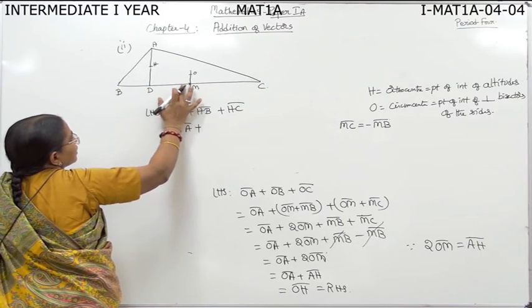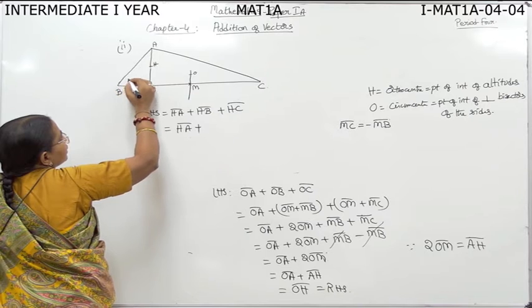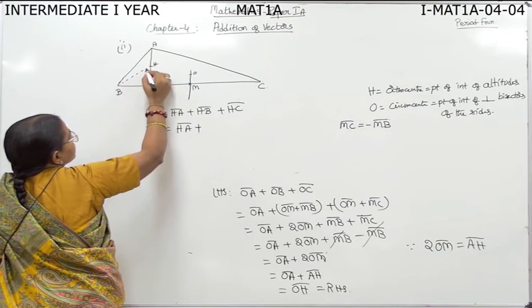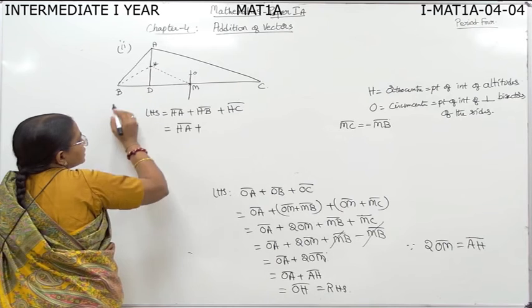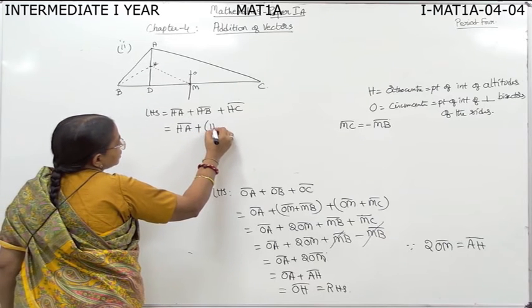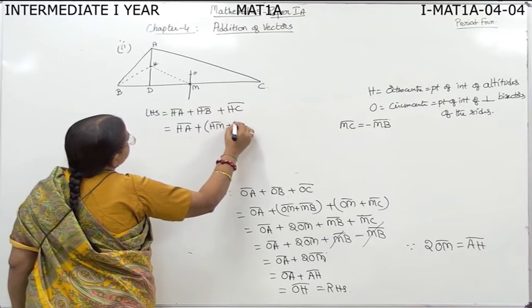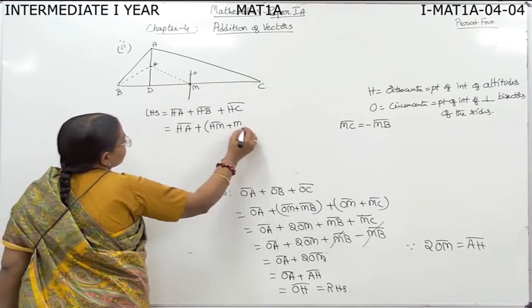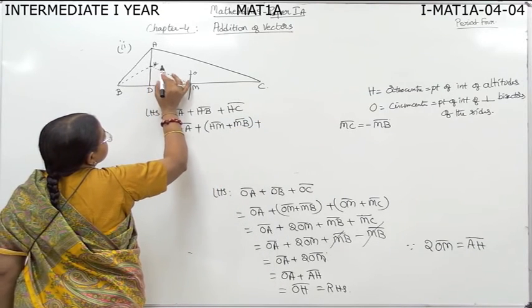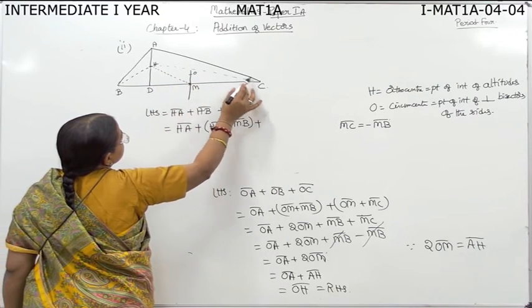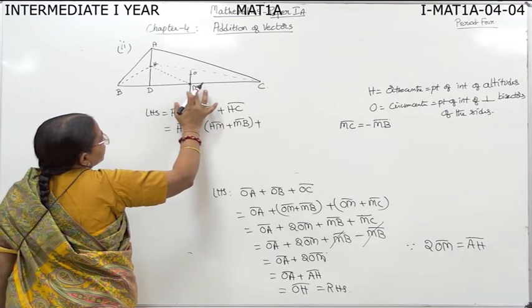We'll take this triangle. So HB is nothing but HM plus MB from triangle law. And again HC, if you write, HC is equal to HM plus MC.